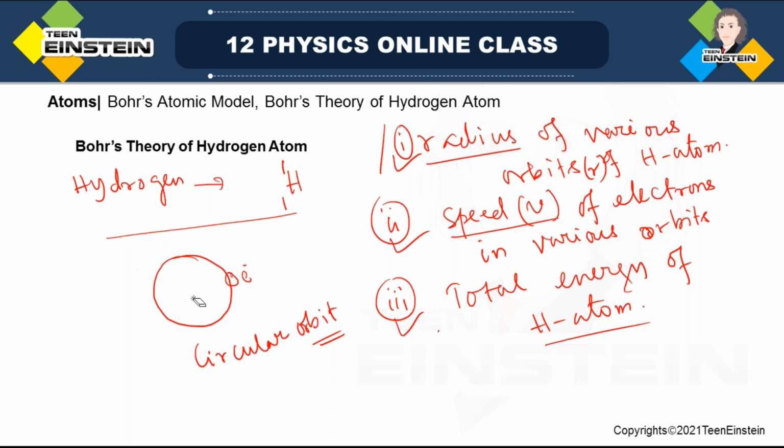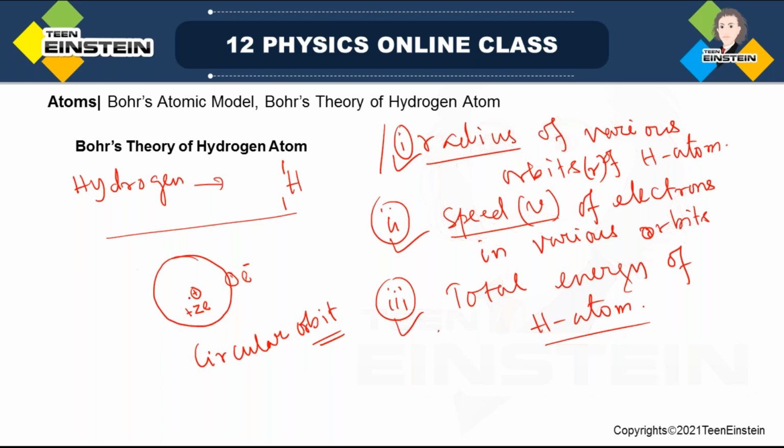In fact, the size of the positive charge, the nucleus, will be very tiny. In general, let us take that this nucleus has positive charge Ze, where Z is the atomic number. In general I am taking this now, and then I'll write everything for the hydrogen atom by putting Z equal to 1.